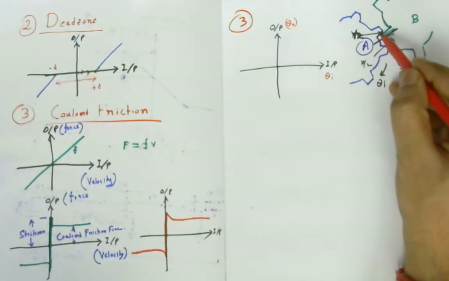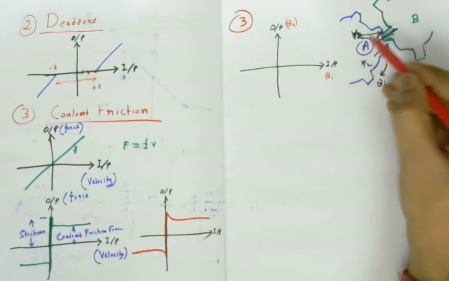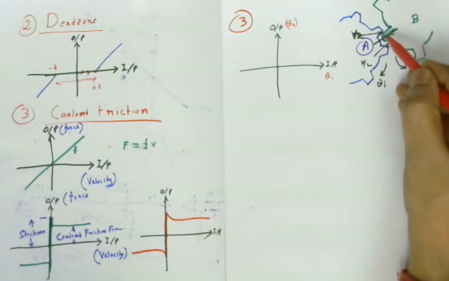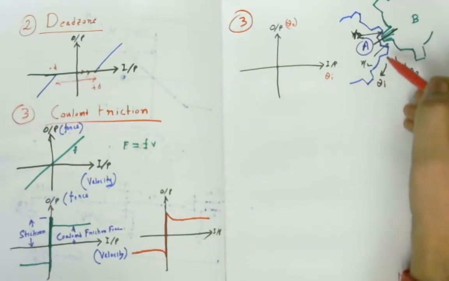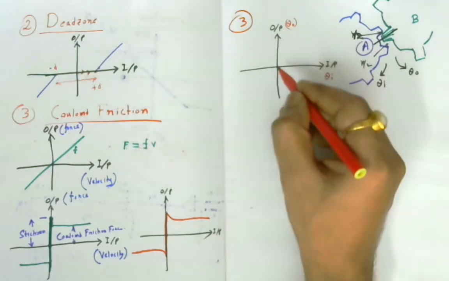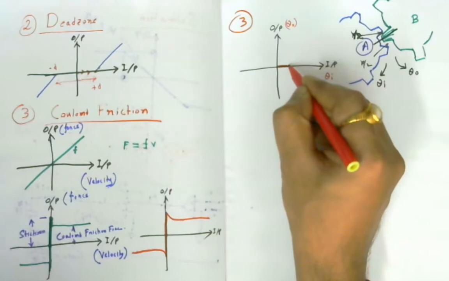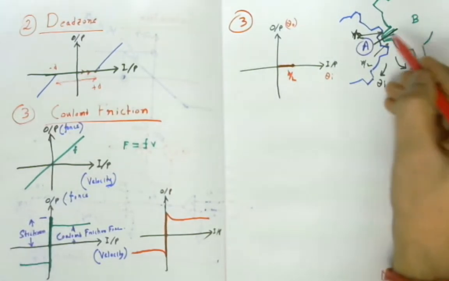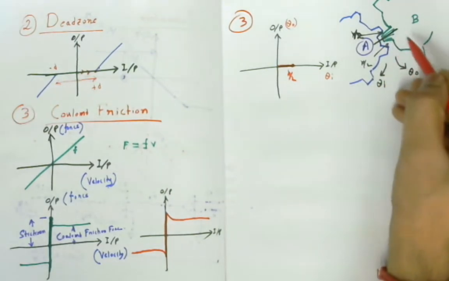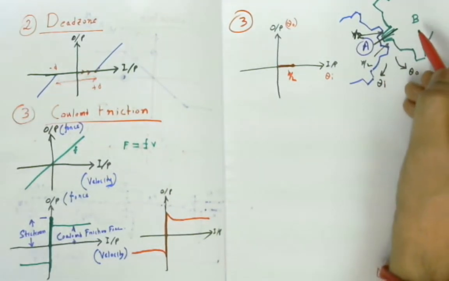For that, the A gear must move by b by 2 distance, which along theta I, the input in this case, is initially b by 2, but still before b by 2 there is no movement of the B gear.